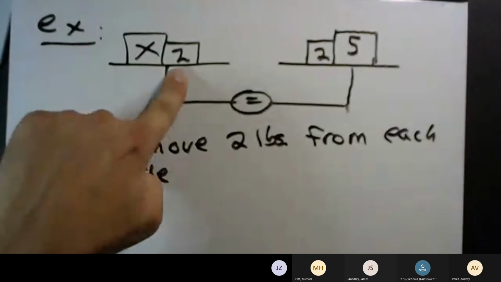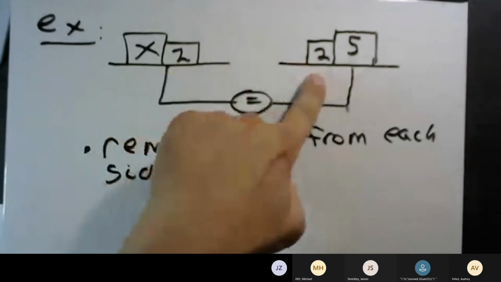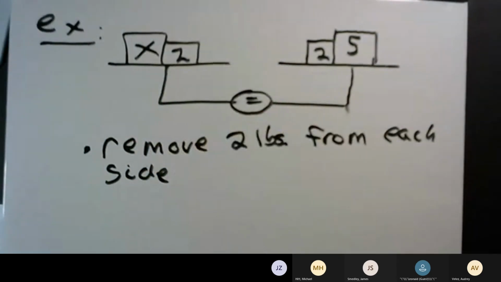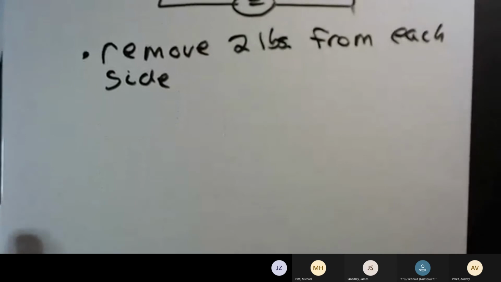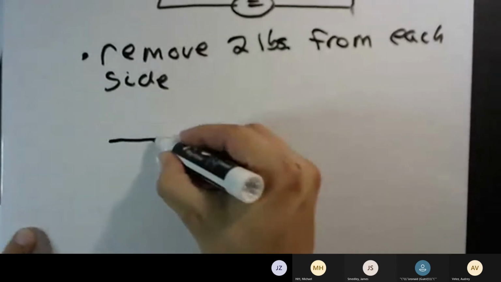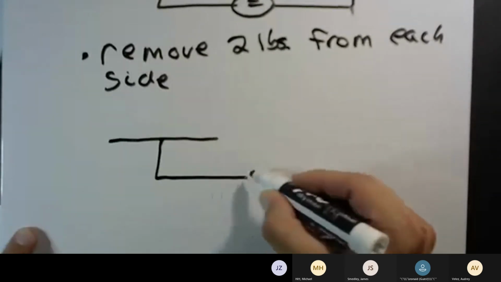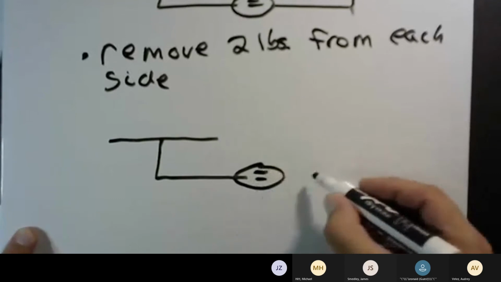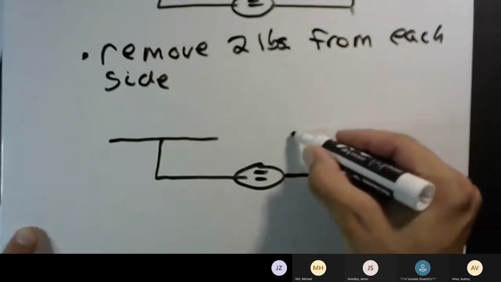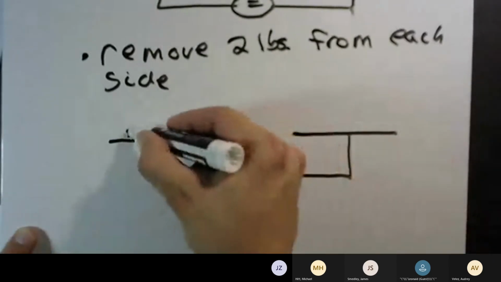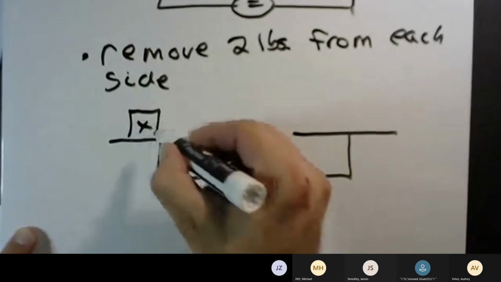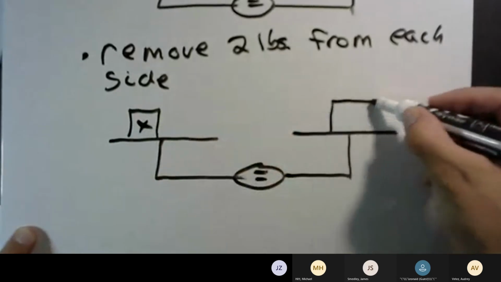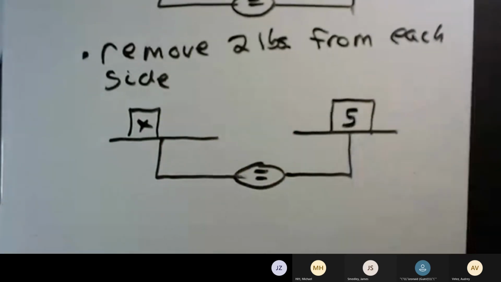So if we take 2 pounds away here and 2 pounds away here, what we'll get is x and then 5.